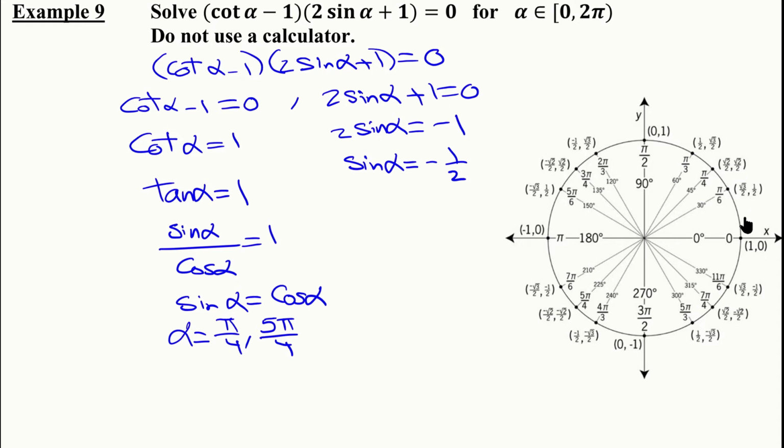And of course, we're not going to be looking up here, are we? Because up here, the y values are positive. So we're only going to look down here. And down here, the ones whose y values are -1/2 are going to be 7 pi over 6 and later 11 pi over 6.